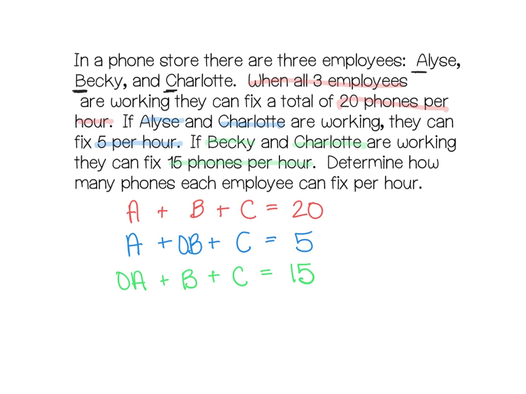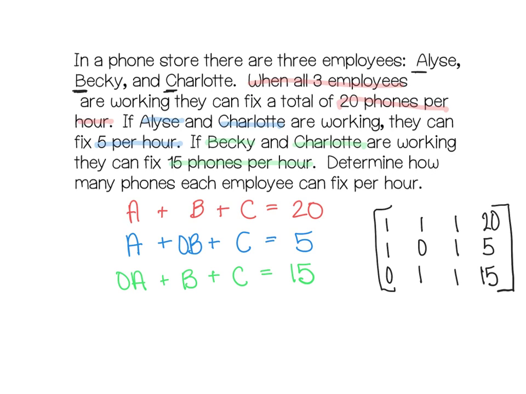Then remember on your quiz, you want to write in the matrix you're going to type into your calculator, because if you happen to make a typo, you still get credit for having the matrix correct. So this would be 1A, 1B, 1C, 20. 1A, no B, 1C, 5. And no A's, 1B, 1C, 15.